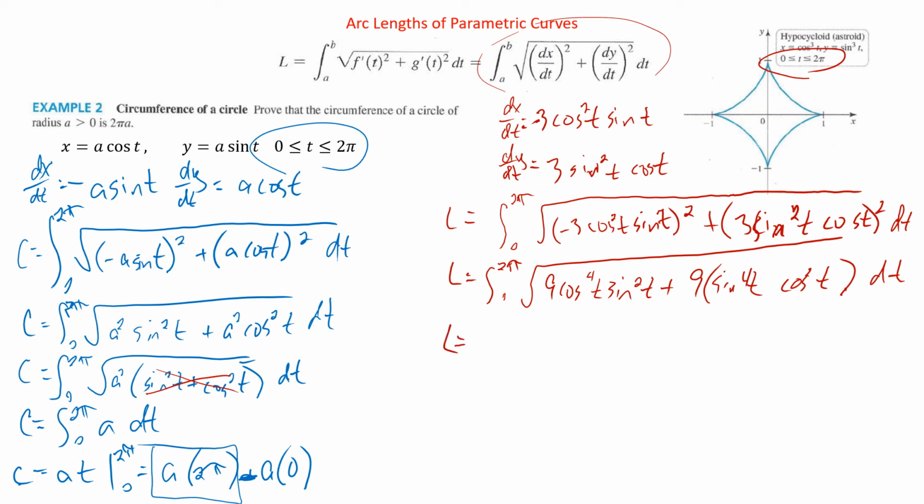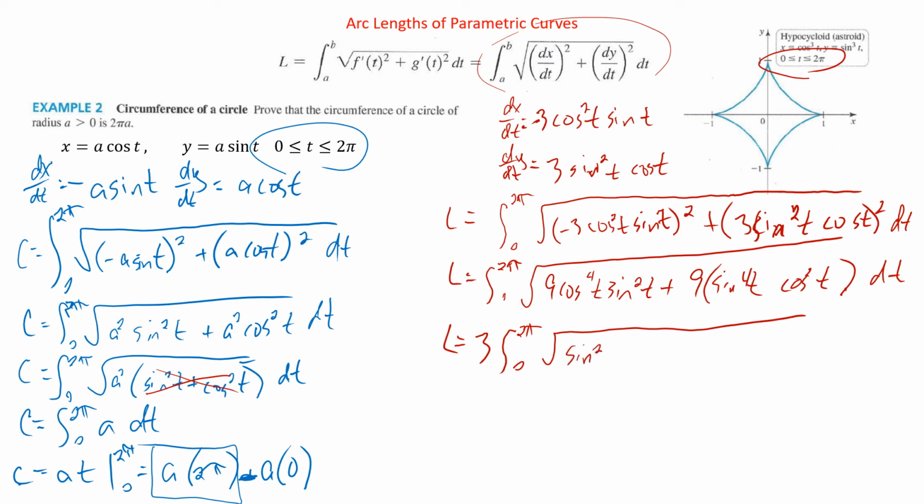So let's do that. We'll get 3 times the integral from 0 to 2 pi. Now we don't need to worry about the 9s. Each of these has a sine squared and a cosine squared, so let's factor out a sine squared cosine squared from each of them.